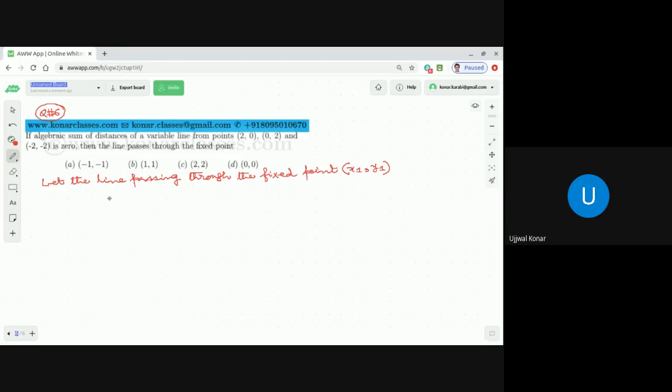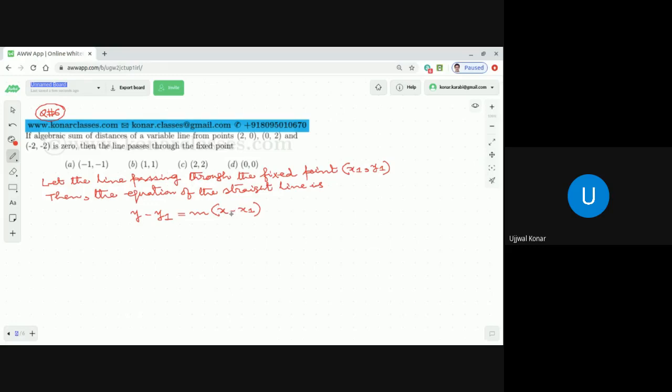Then the equation of the straight line is y minus y1 is equal to m into (x minus x1), correct? Obvious. As we know, where m is the slope of that straight line.